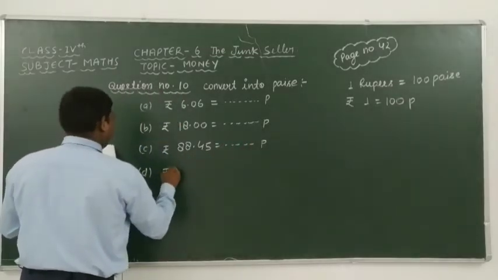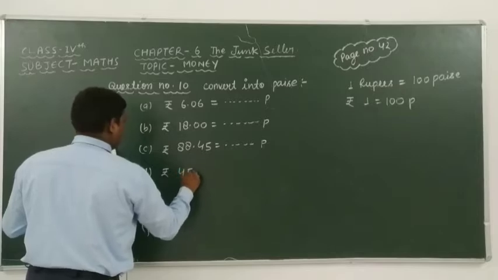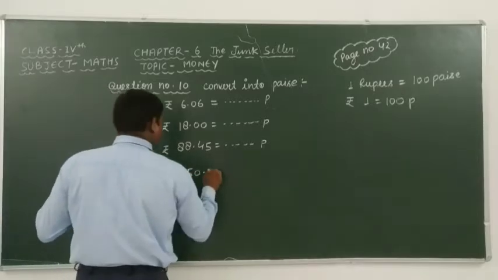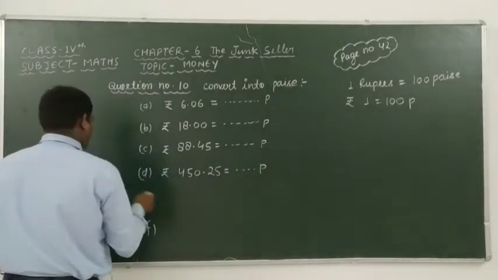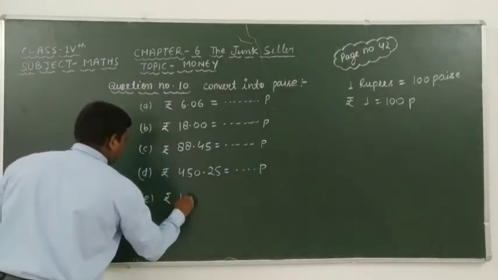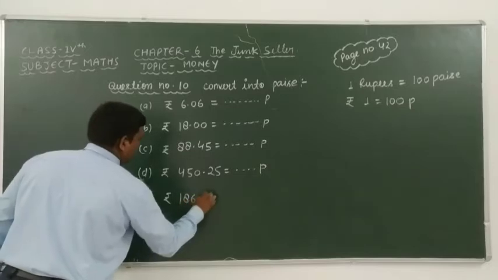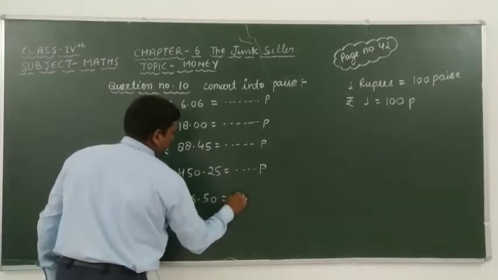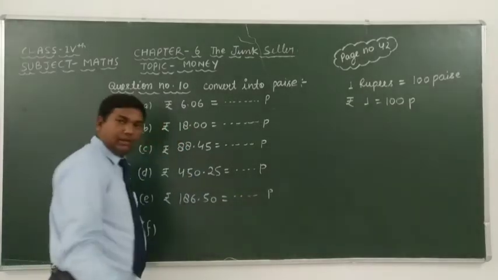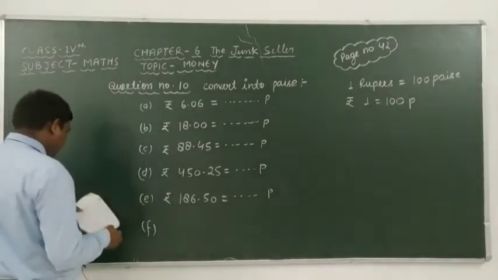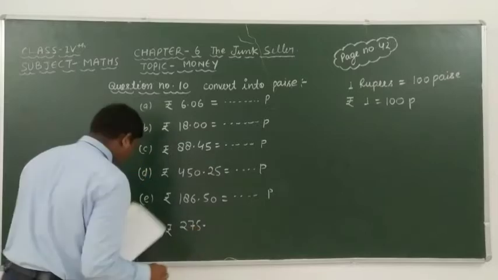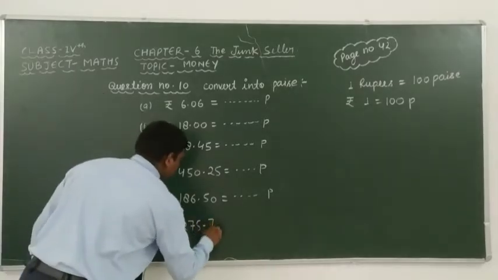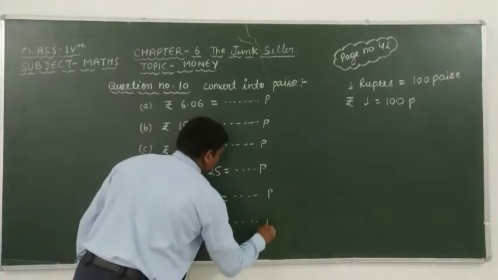Rupees 450.25 is equal to how many paise? Rupees 186.50 is equal to how many paise? And in last, rupees 275.75 is equal to dash paise.